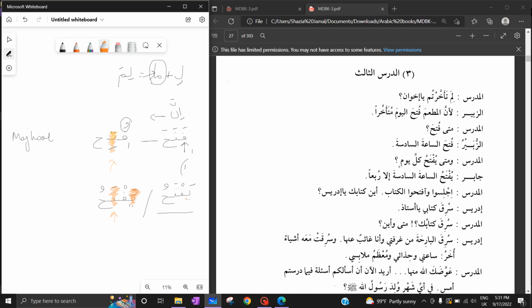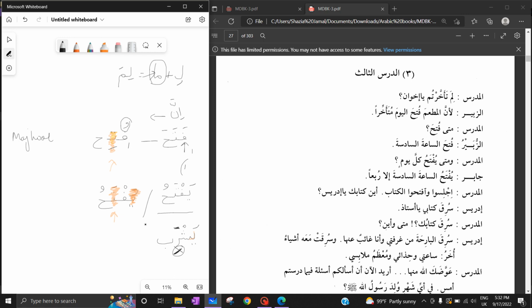In this case the ta has a fatha, but sometimes, for example yashrabu, if we take any example in fail mudare where there is a kasra in the second last letter, it changes to fatha in passive voice.